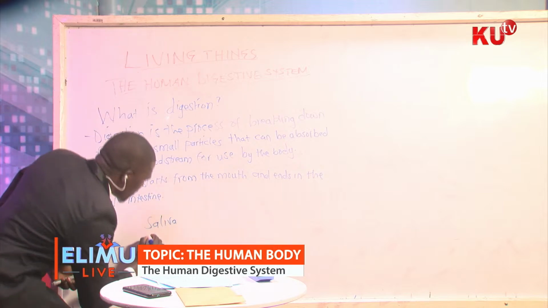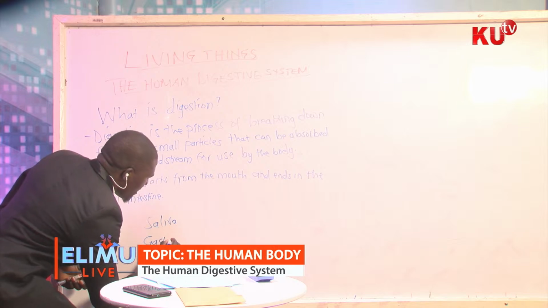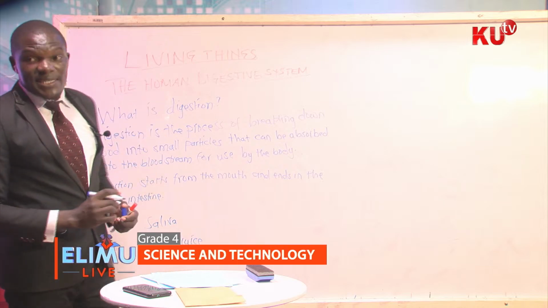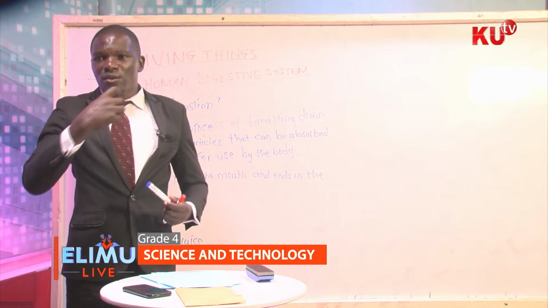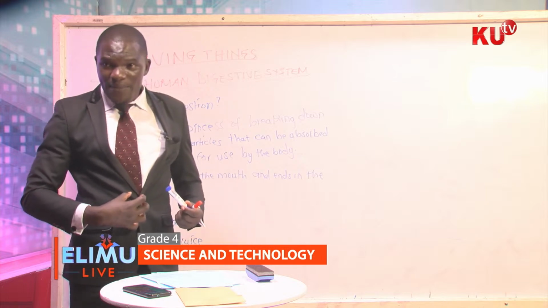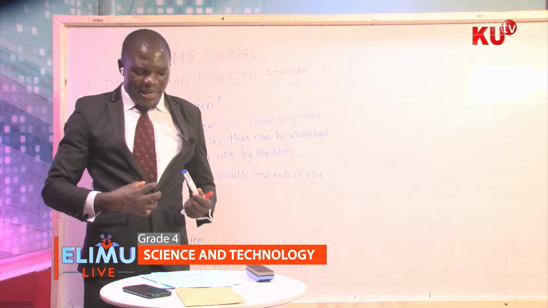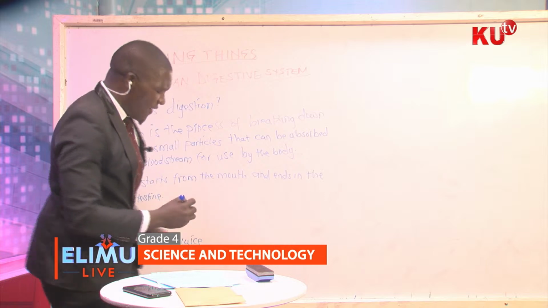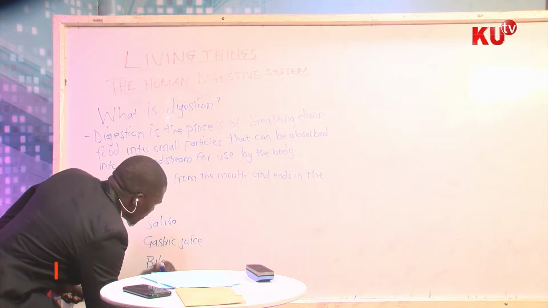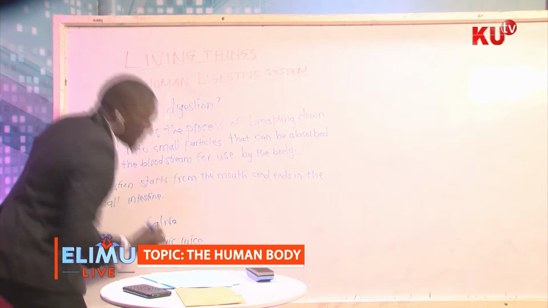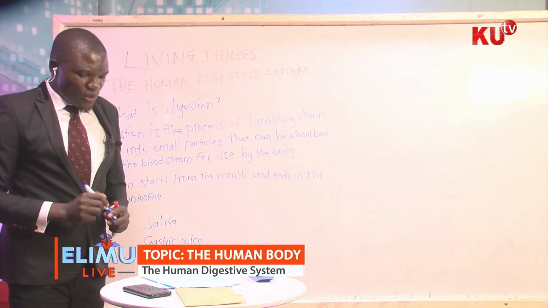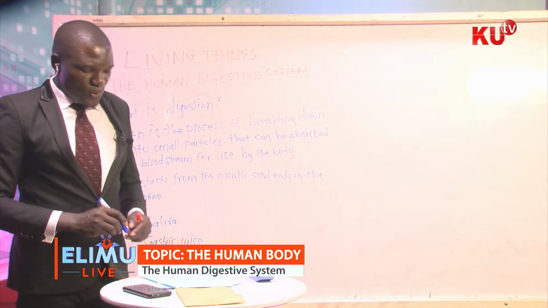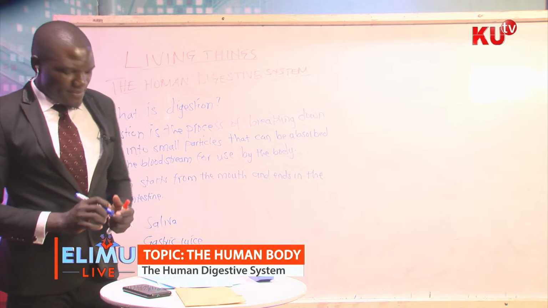Number two, we have gastric juice. Gastric juice is the juice that is found in the stomach. Whenever the food goes into your stomach, there is that gastric juice that helps the food to be digested. Then we also have bile juice, which helps the food to get digested well.